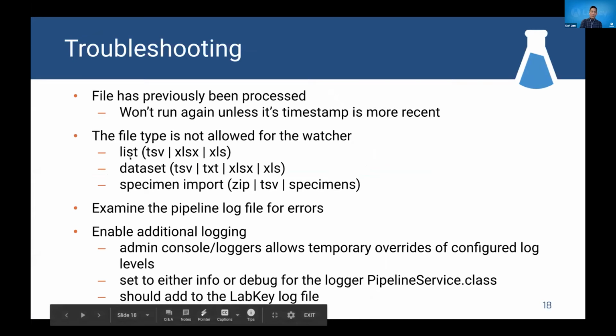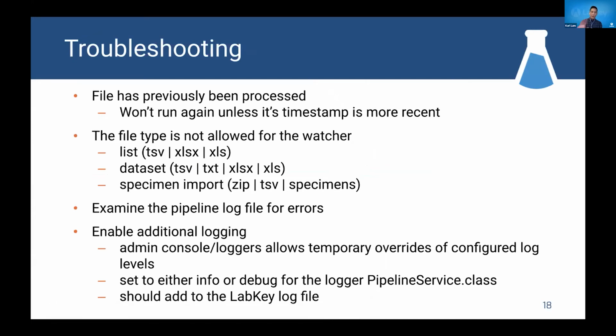So say you wanted to do a list reload, and you configured your file watcher pattern, and maybe instead of .tsv, or maybe it's every file, but you dropped in a CSV file. Even though the file watcher pattern may match up, the particular file watcher task does not allow this particular file extension.